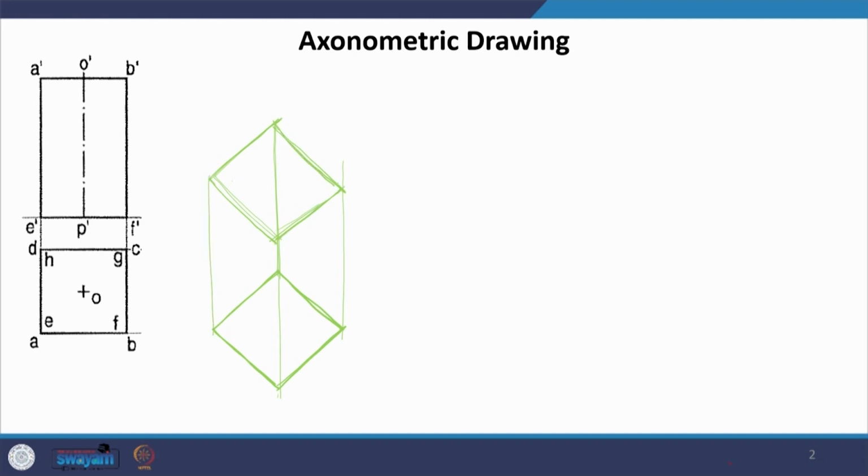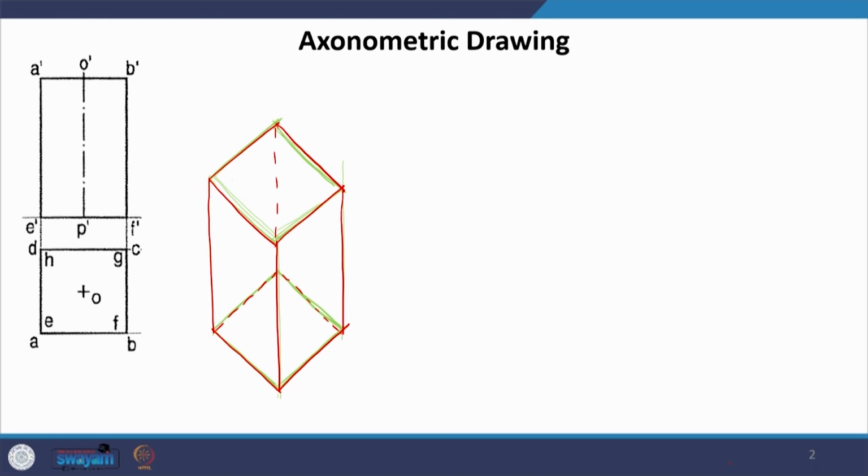So, very simply this is how we are going to view this object in axonometric, which is a simple square based prism or a cuboid, which is kept perpendicular. This will be dotted, it is hidden behind. This is what we will see.